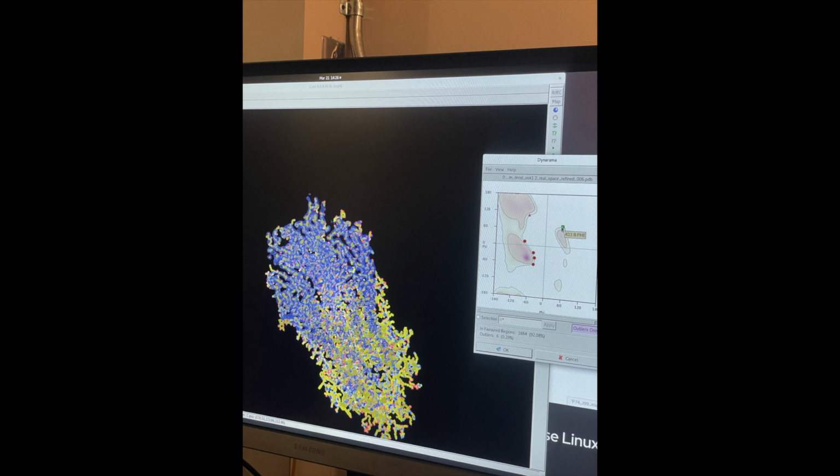You can also see the Ramachandran plot on the right, and we got some triangles as well as red circles, which signify outliers. These are amino acids we know should fit in these secondary structures, but have bond angles which would not allow them to be in those secondary structures, if that makes sense.